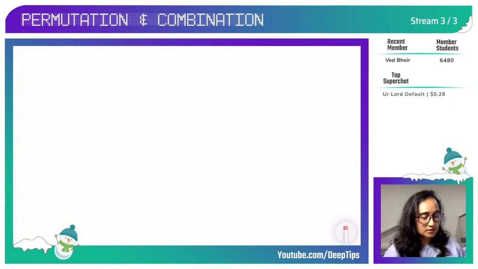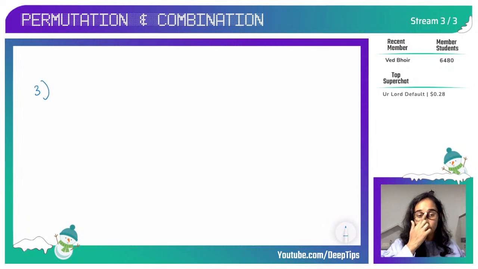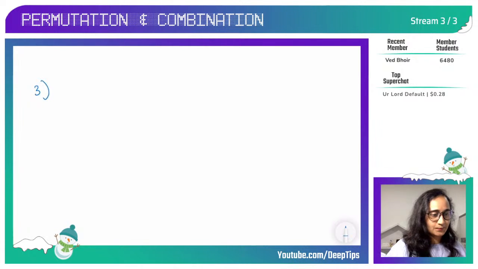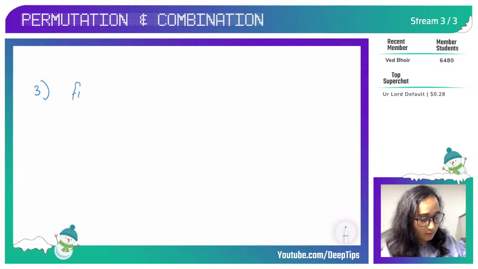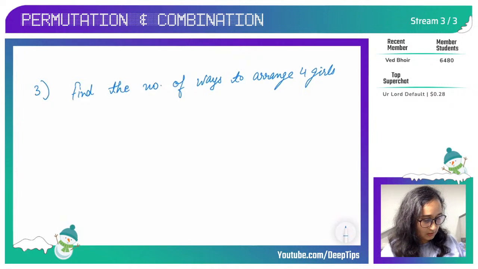Okay, the third question is a different one, a very interesting one. I hope everyone is clear with the concept that we are learning today. Now, the question says, find the number of ways to arrange 4 girls and 3 boys.